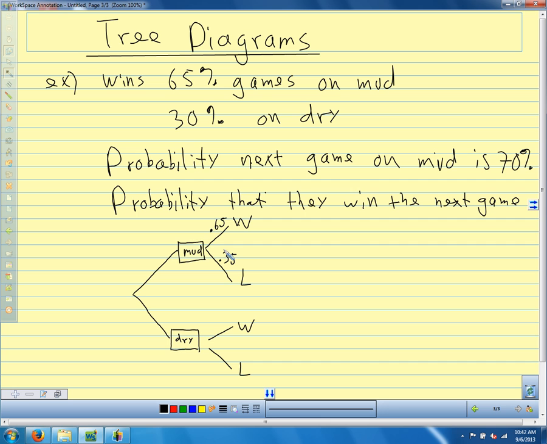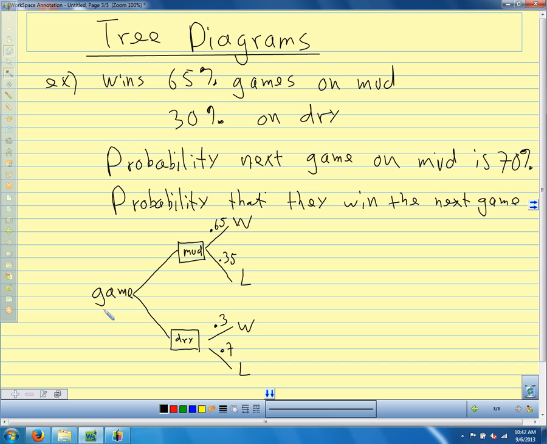The problem tells us they win 30% of their games on dry fields. So 0.3 on that branch. So what does this branch have to be? 0.7 or 70%. They have to be 100%. The probability that the next game, here's our game, the next game is on mud is 70%.